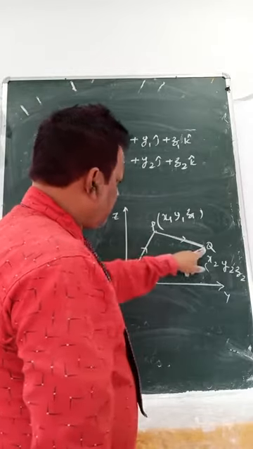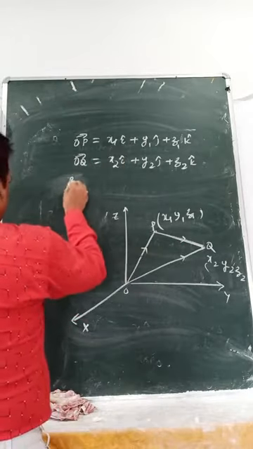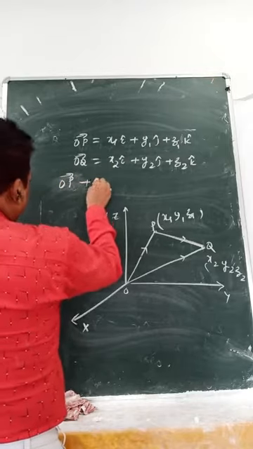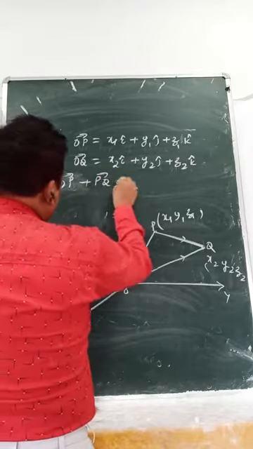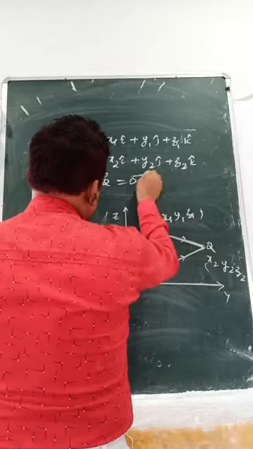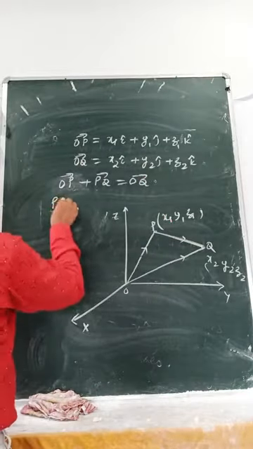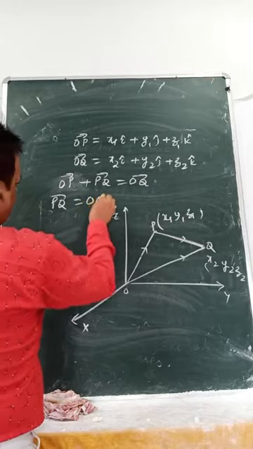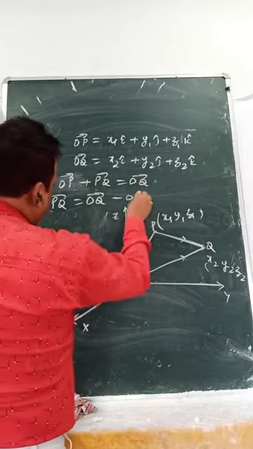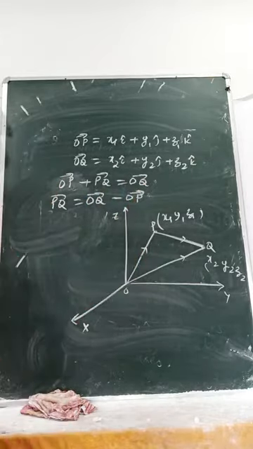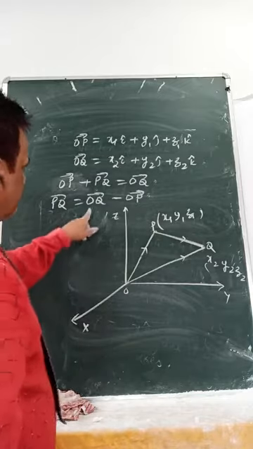OP plus PQ equals OQ. Then PQ is OQ minus OP. What is OQ minus OP?